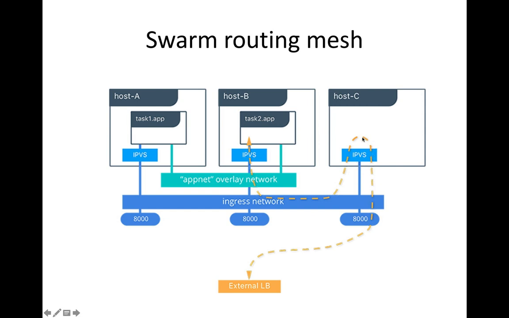If the third host receives a request on port 8000, it knows where those tasks are located, and it can redirect that request to one of the other hosts. And those hosts then will redirect the request to the proper container running on that host. It's a very interesting, very elegant solution, and it makes working with this swarm routing very, very easy.